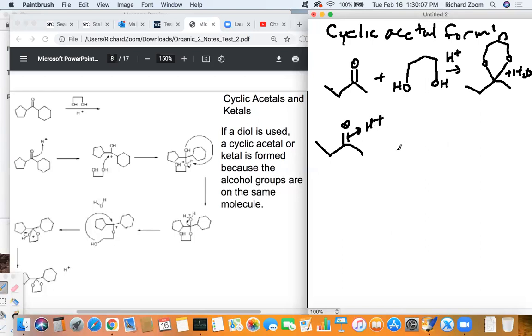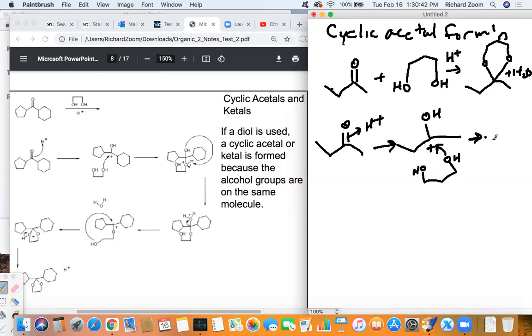So the first step is going to be the H plus adding to the C double bond O. And then the next step will have the OH, or one of the OHs, from the diol here, adding to the positive charge, or the C with the positive charge here.